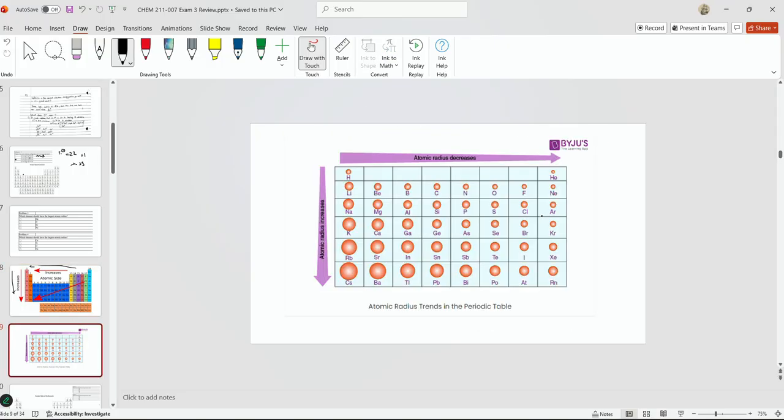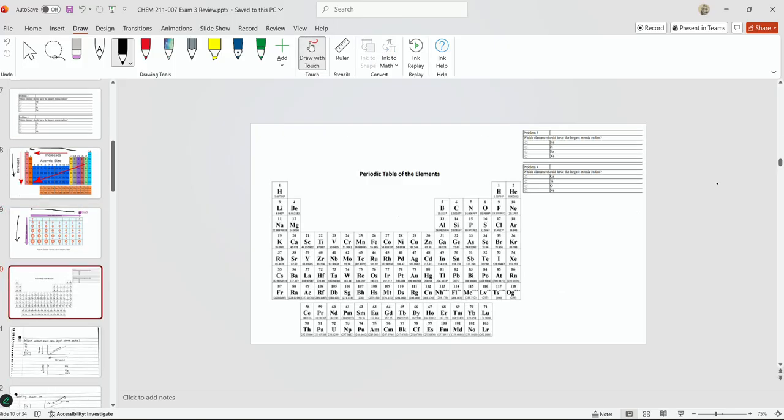If you want to visualize it a little bit, this is how each atomic radius looks. It's increasing from this side to that side, and it's increasing from up to down, right? This is all you guys need to know for the atomic radius. There isn't much to it, and you just look at the periodic table, see how the trends are, and try to figure out what the answer is.